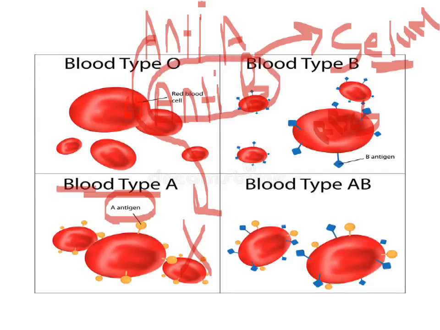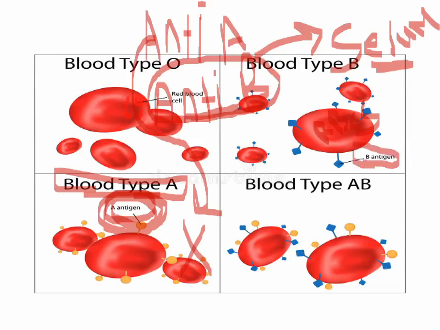If your blood type is A, so you have antigen A, which is your self-antigen, but you don't have antigen B, so antigen B is something foreign. So your body contains anti-B. Also, if your blood type is B, so your self-antigen is the B antigen.